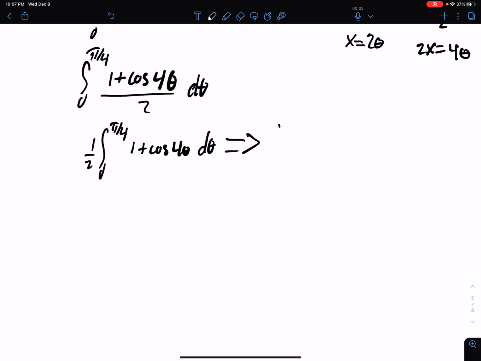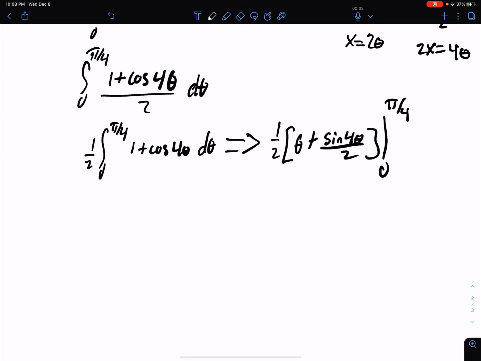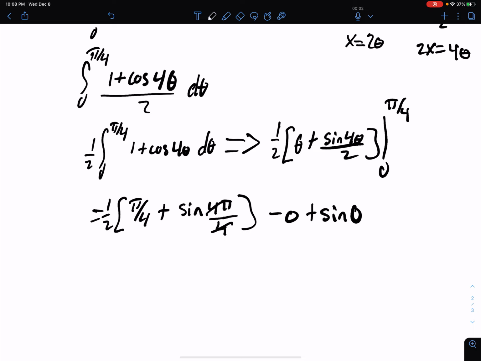This is going to be equal to 1/2 times theta plus sine 4 theta over 4, evaluated from 0 to pi over 4, which is going to equal 1/2 times pi over 4 plus sine of 4 pi over 4. Those are going to cancel. Minus 0 plus sine 0.